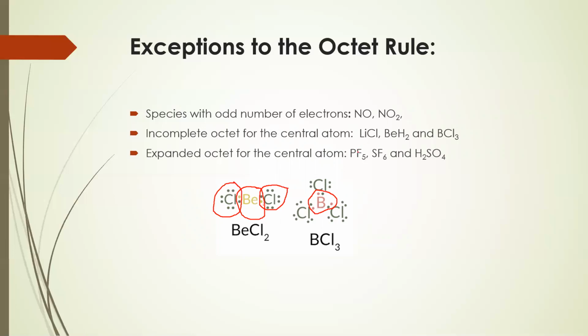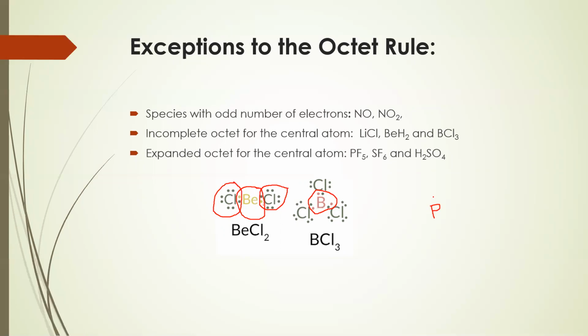Whereas in PF5, SF6, and H2SO4, the central atom has more than 8 electrons. For example, PF5 has a total of 10 electrons. We know phosphorus has atomic number 15, so its electronic configuration is 2, 8, 5.